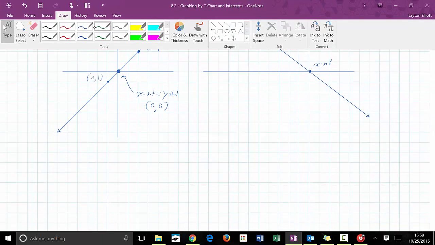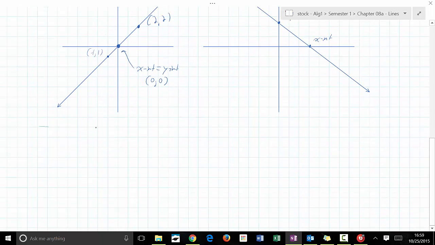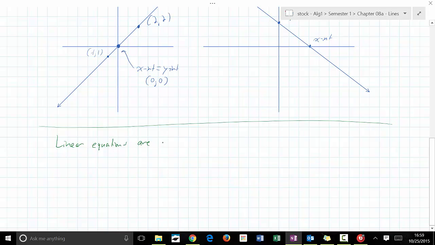Now, these lines can be represented by equations, and they're represented by what we call linear equations. Linear equations are equations with x and y, both to the first power.